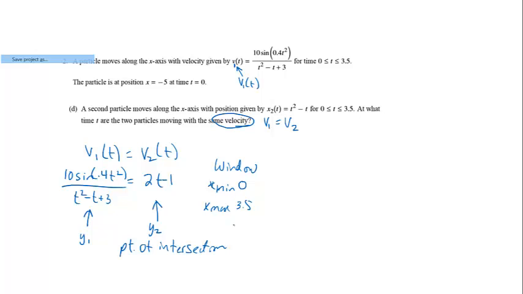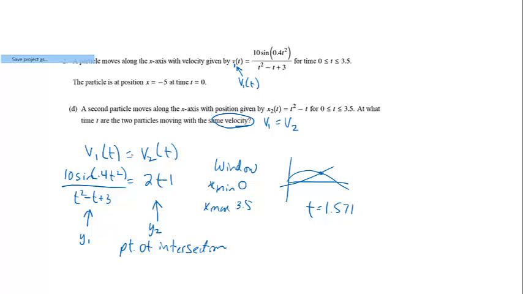And I do remember I did have to zoom on this one just to make sure there was only one point of intersection. So I'm looking for this point of intersection right there, and that point of intersection happened to be t equals 1.571. So that would be the time the two particles are moving with the same velocity.